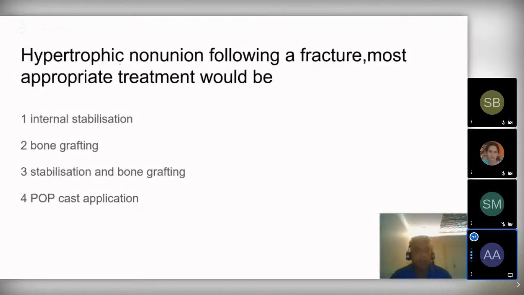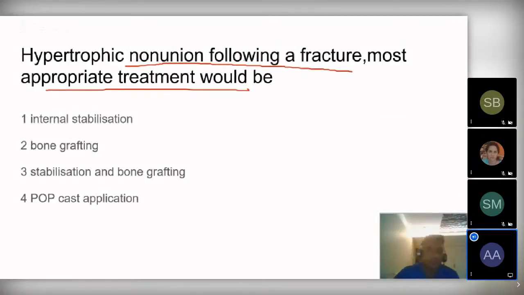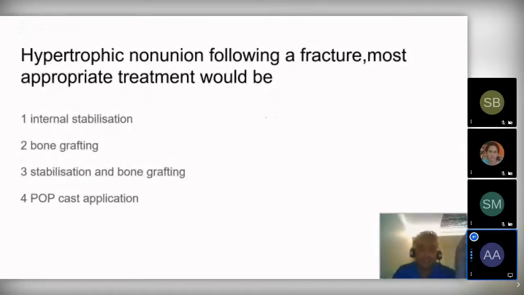Hypertrophic non-union following a fracture, most appropriate treatment. Most appropriate treatment is internal stabilization. You see patients nowadays, even on the village side, go to quacks or osteopaths.